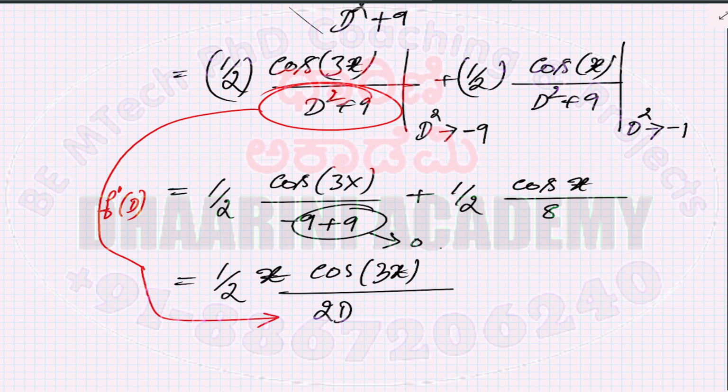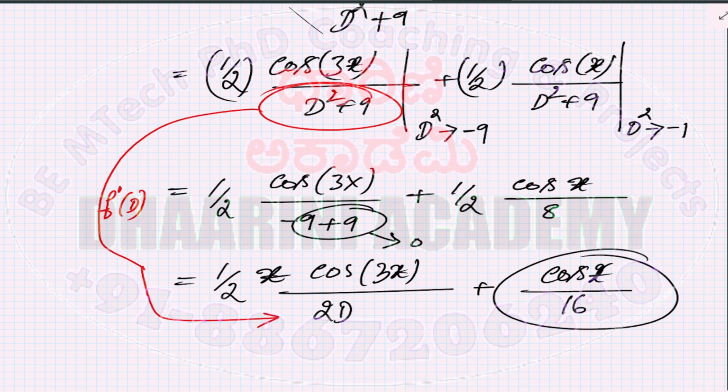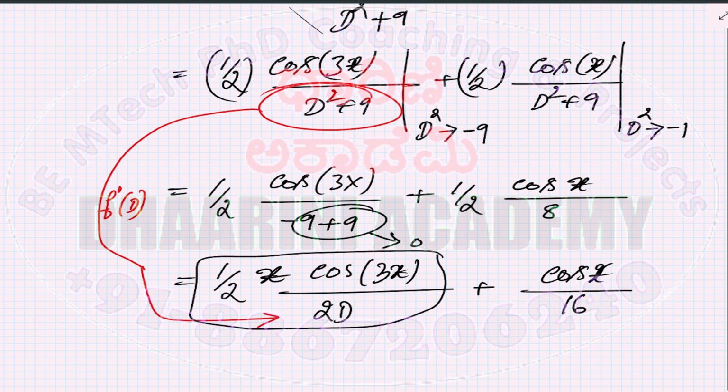Plus I have cos x divided by 2 into 8, which is 16. So this second term is fine for us. We don't have to deal with this anymore. That's the final part which is going to come. But only this first part I need to see what I can do.